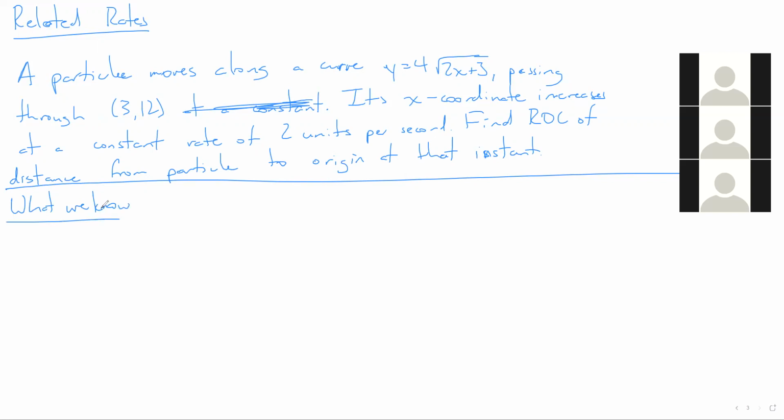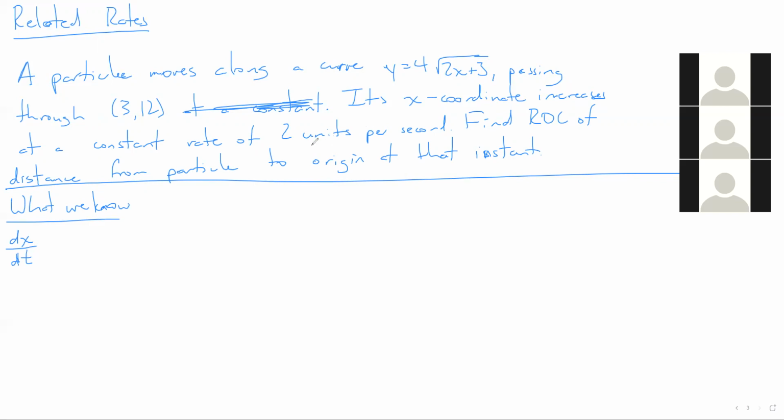It says just the x coordinate, so is that just dx? Not just dx. dx is part of it, but let's be really specific. How does it tell you the particle is moving? dx/dt. And what tells you that you have to look at the rate dx/dt? Units per second.